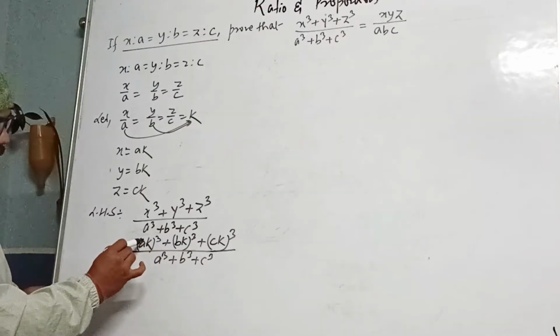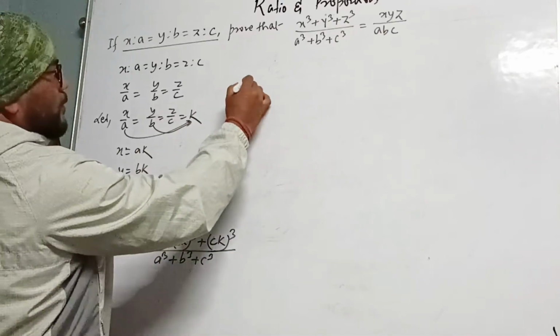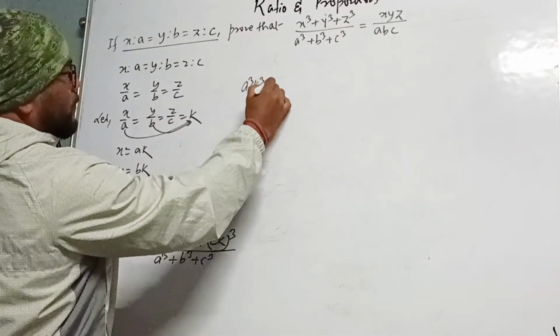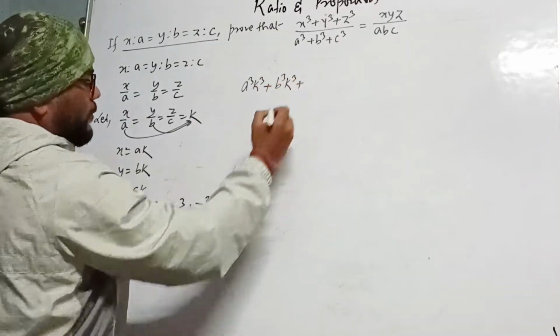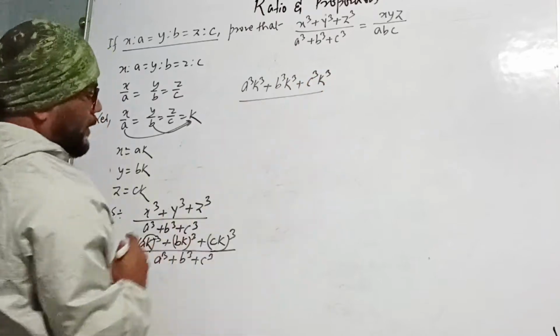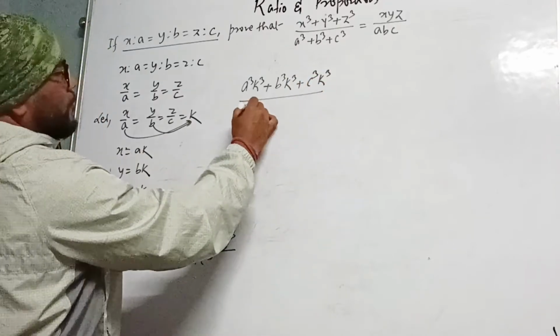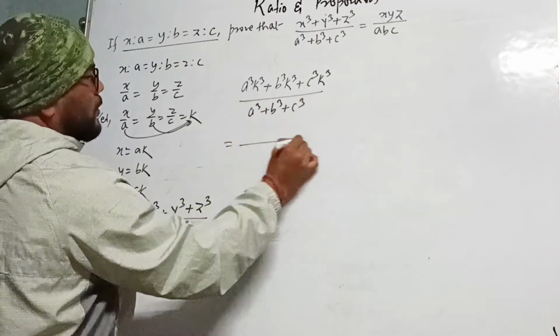So from this relation, ak whole cube means a cube k cube. And here you will get b cube k cube, and from here you will get c cube k cube, divided by a cube plus b cube plus c cube.